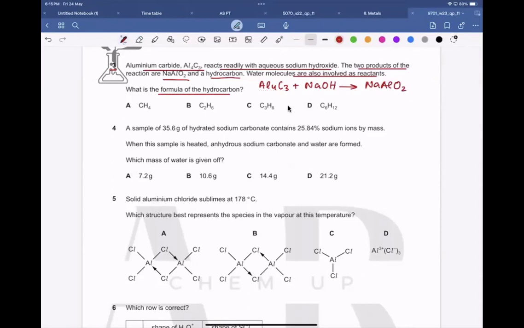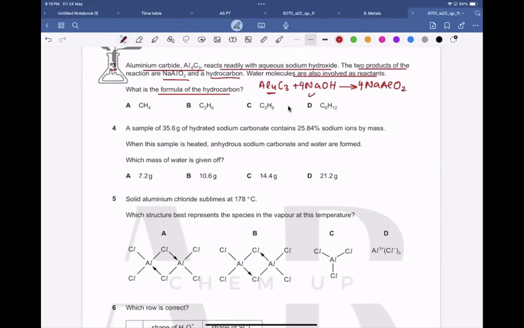And a hydrocarbon. From this, I can say that there must be 4 moles of NaAlO2, right? And if there are 4 moles of NaAlO2, so here I'm going to get 4.